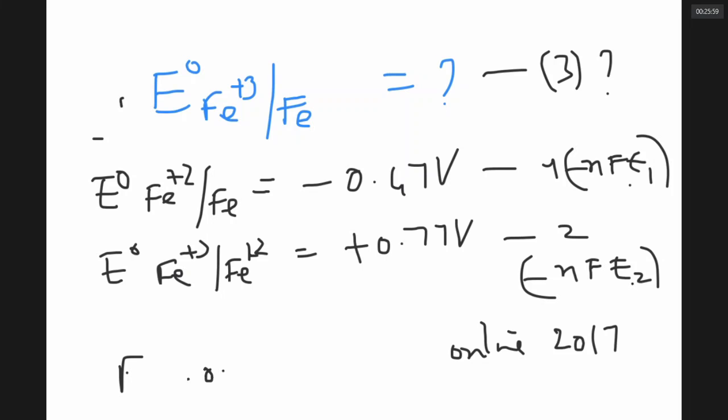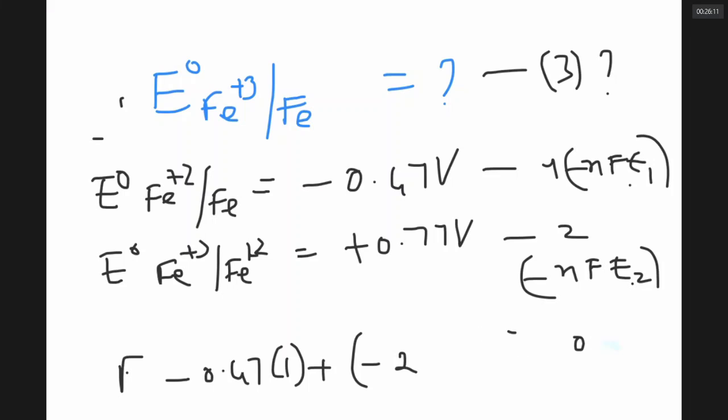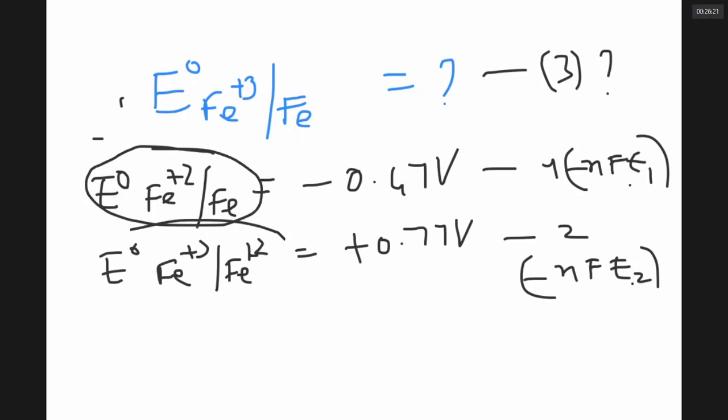Minus of 0.47 into 1 plus minus of 2 into, because here two electrons are involved, right? It involves 2 electrons, and it involves 1 electron.